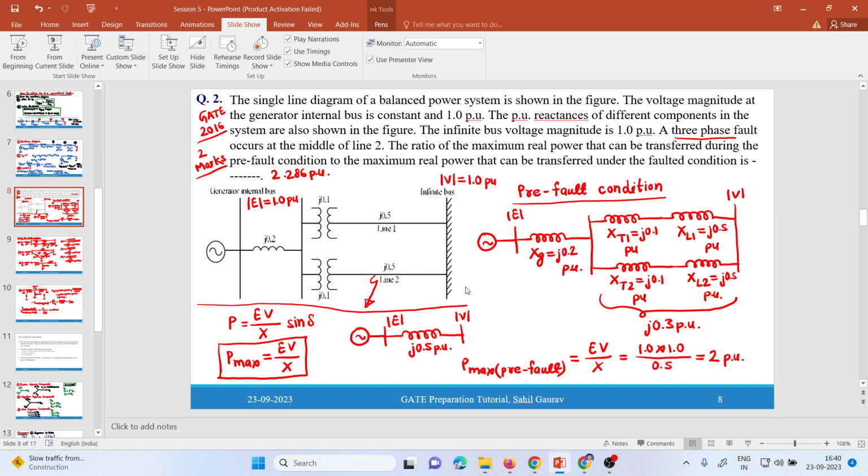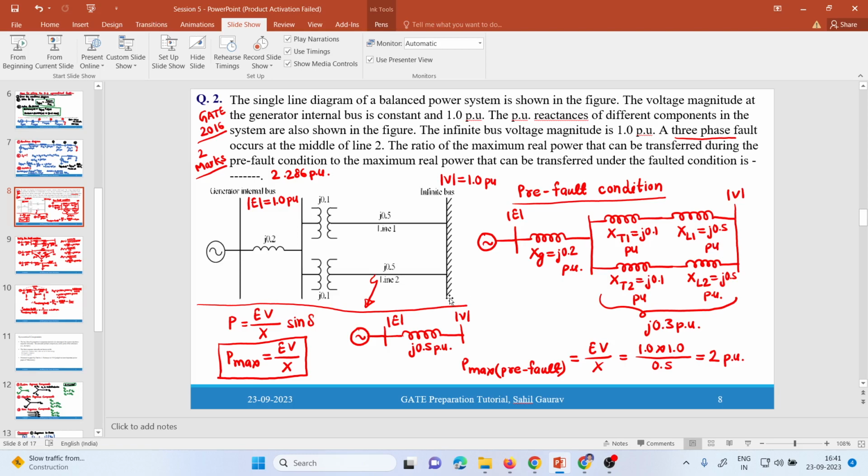So the power will also be zero, because this infinite bus you are taking to ground means the V magnitude will also become zero. Sir, but line 1 will be there, no, sir, voltage. Line 1 was there, but the end of line 2 means what? You are grounding it there, which means the fault is occurring at the bus.